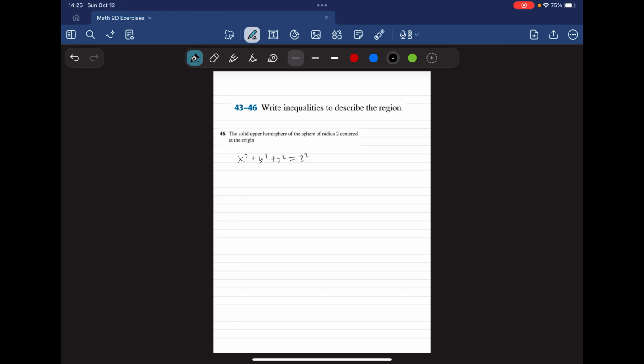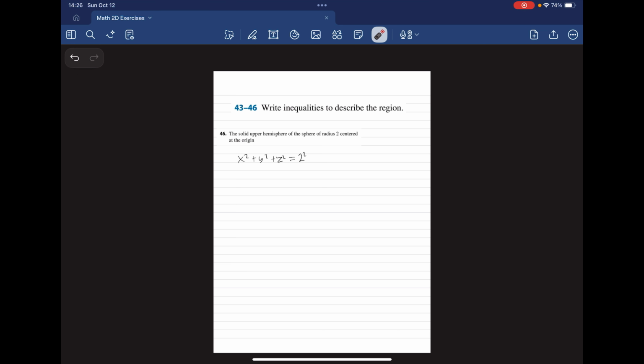Note that, oh, this is supposed to be a z. I was going to say that should have been a z. I just cleaned it up. Or that should have been a 2. I cleaned it up because it looked too much like a z. Okay, so now we have this sphere of radius 2 centered at the origin.